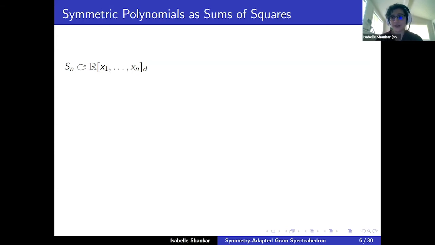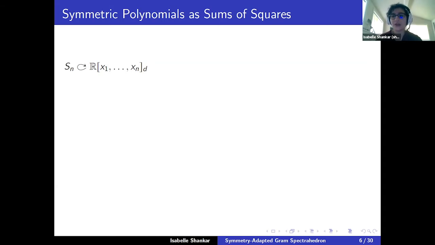By symmetric, I mean just normal invariance under permutations of the indices of the variables. But what I'm interested in is S_n acting on the space of degree D polynomials. So we started with a degree 2D polynomial, but I'm going to consider the action of S_n acting on the space of degree D polynomials.